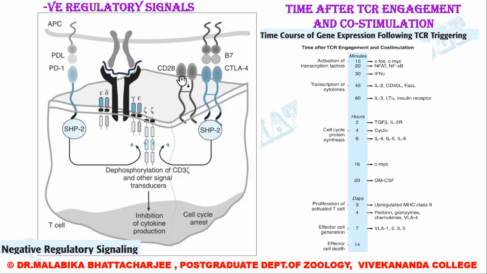CD28 is constitutively expressed on most T cells, but CTLA4 is expressed in significant amounts on the T cell surface only after the TCR is triggered and the activation cascade has already started.